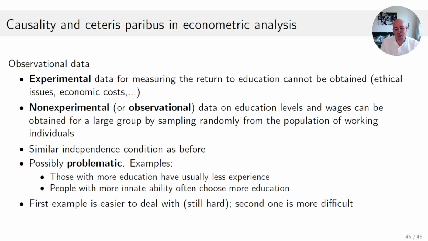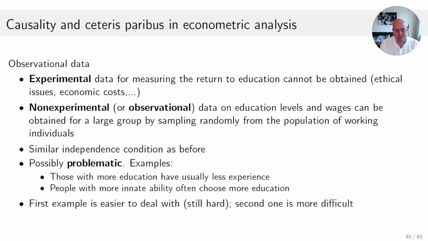So they're not comparable to those who have actually not gone, say, to university, because they have more experience, right? And at the same time, people with more ability often choose more education, right? So that's a second reason why you can't do a direct comparison between people who went to university and people who didn't.